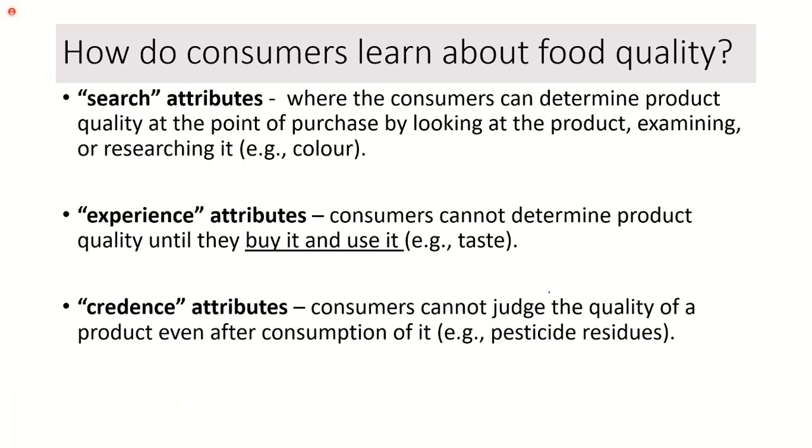The third one is the most crucial one, credence attributes. Consumers cannot judge the quality even by consumption. Right? Can you think of examples? For example, pesticide use, right?